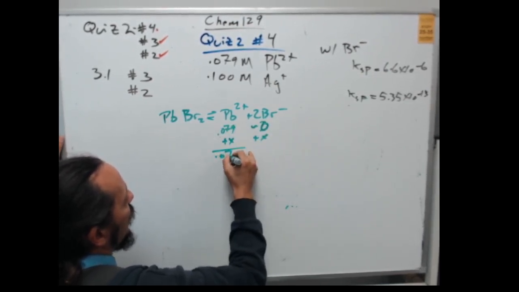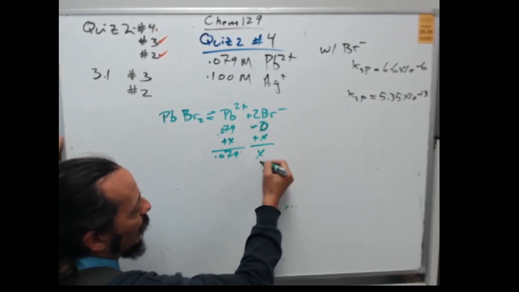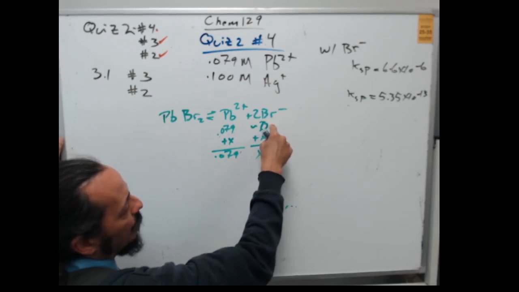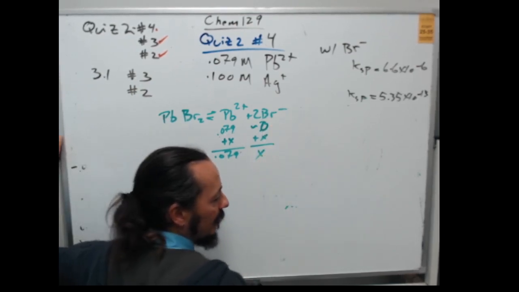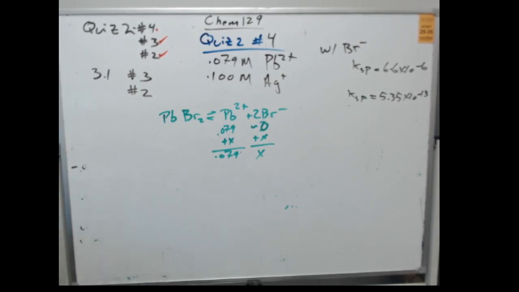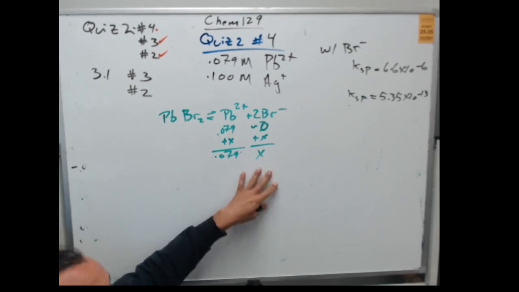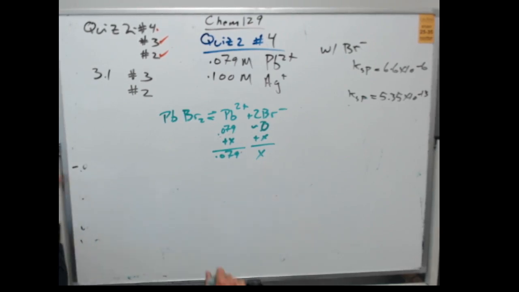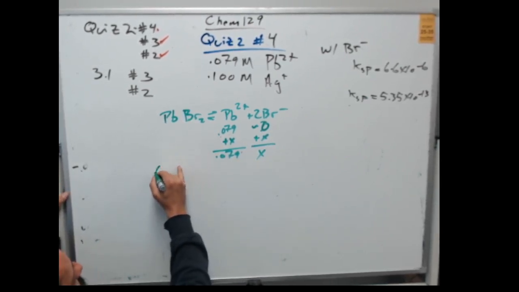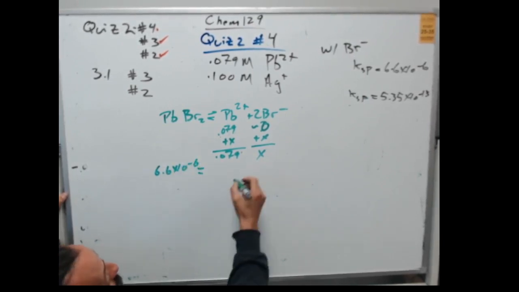That gives me 0.079. This gets me to x. That's going to be my equilibrium. I'm adding bromide to get to this equilibrium point. So rather than thinking about it in terms of the chemical reaction that could be happening, I'm just going to find the equilibrium value that I would need to get saturation. This is going to give me 6.6 times 10^-6 is equal to, oh, whoa, I messed up.